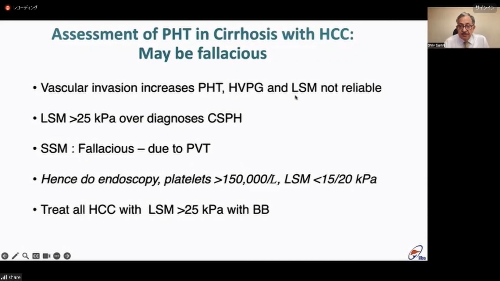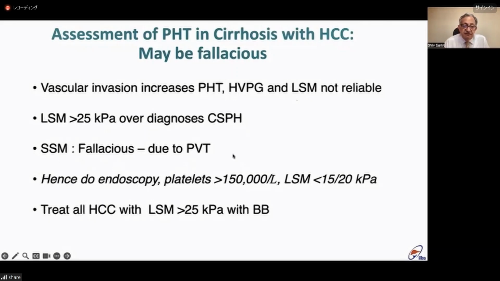Liver stiffness measurement may not be reliable. Normally, we say a stiffness of liver of more than 25 kilopascal diagnoses clinically significant portal hypertension. But this may be overdiagnosing because of vascular invasion. Also, spleen stiffness may be fallacious due to portal vein thrombosis.